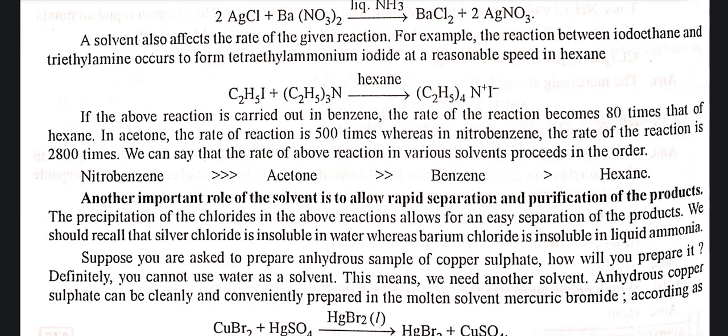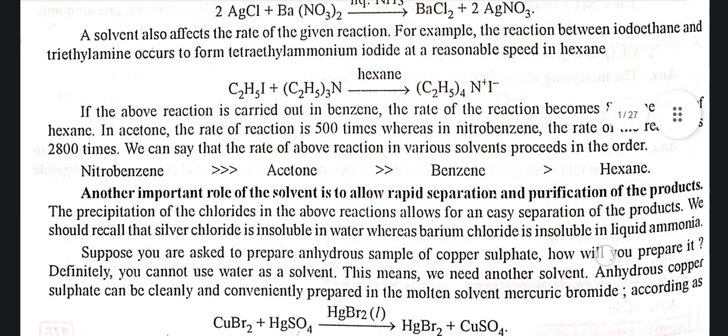In acetone, the rate of the reaction is 500 times, whereas in nitrobenzene, the rate of the reaction is 280 times. We can see that the rate of the above reaction in various solvents proceeds in the order nitrobenzene much more than acetone, much more than benzene, and more than hexane.